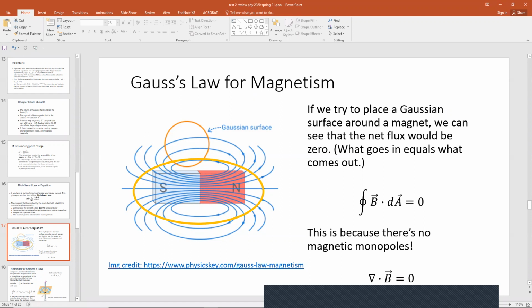This means that if you put a Gaussian surface around a magnet, the magnetic field that goes out of the Gaussian surface has got to circle around and come back in, which means that the net magnetic flux for a closed surface is going to be 0. And that's because there are no magnetic monopoles, okay? We haven't found any particles yet that have by themselves a North Pole, for example, or a South Pole. Even though there's nothing necessarily forbidding that from happening, Dirac postulated the existence of magnetic monopoles, but we haven't found one yet, a single particle.